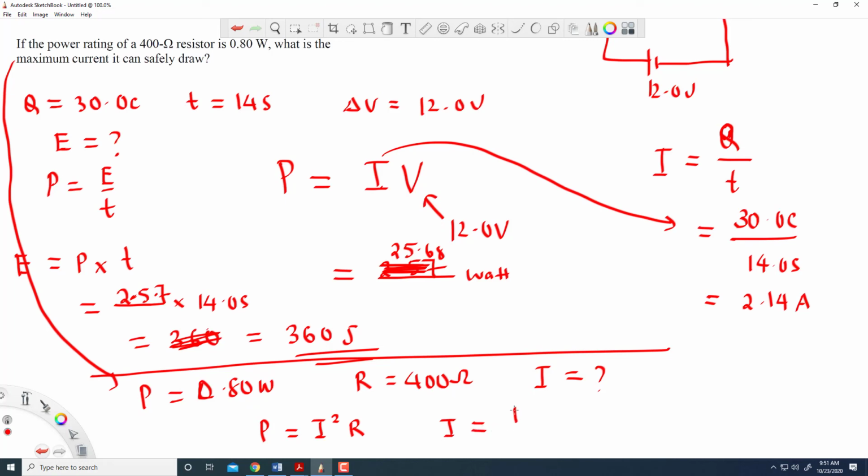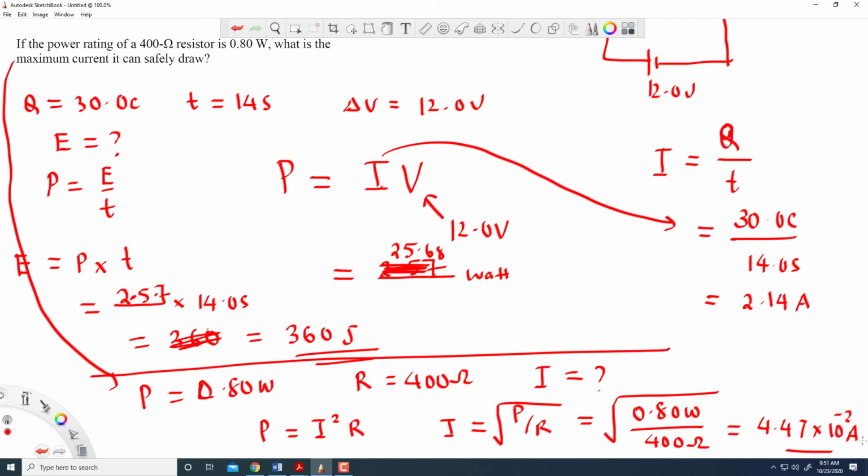So I would be the square root of P over R. The square root of 0.8 watts over 400 ohms will give you the current, which is 4.47 times 10 to the negative 2 amperes.